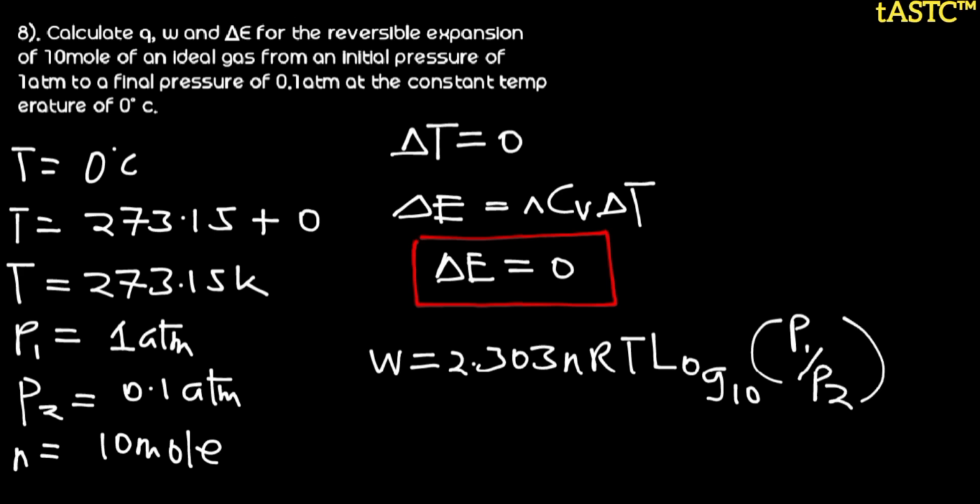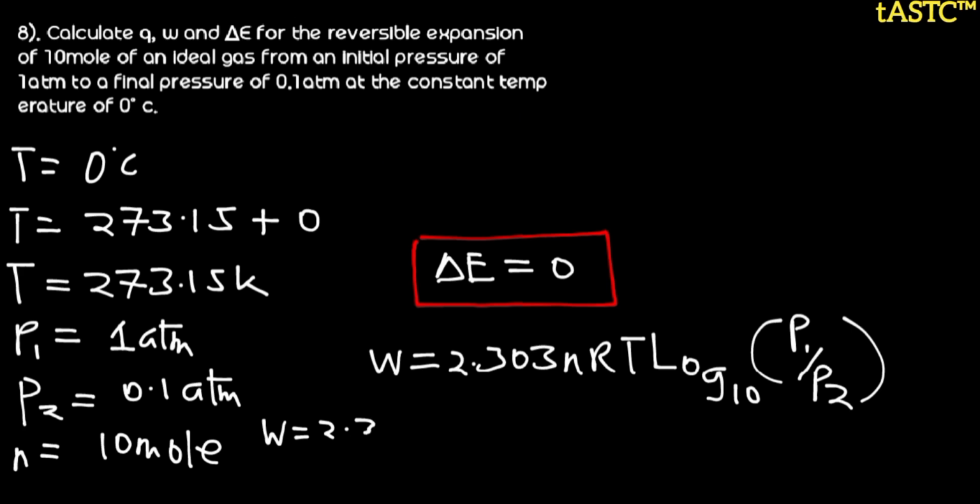So W is equal to 2.303 multiplied by n. So n is 10. And we have R. What is going to be R in this case?